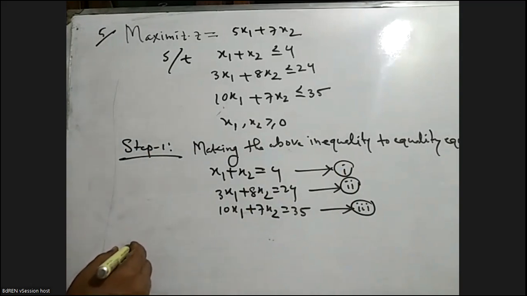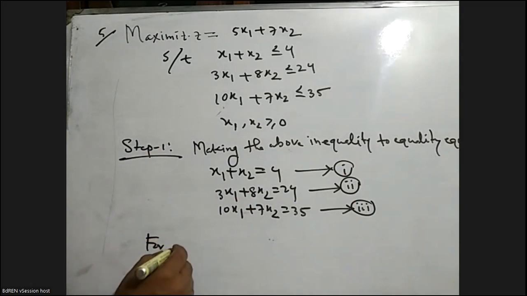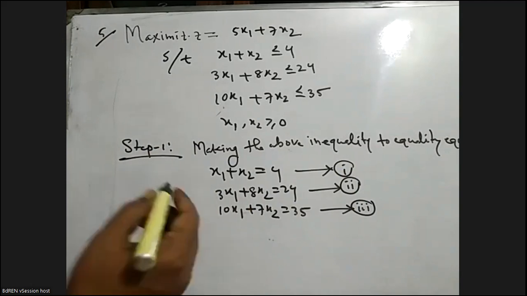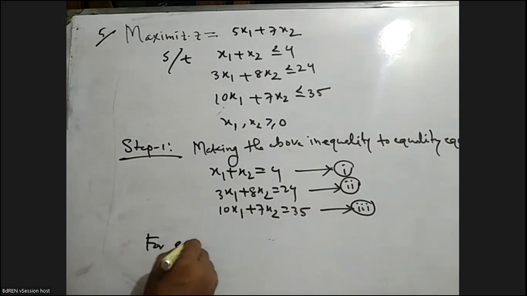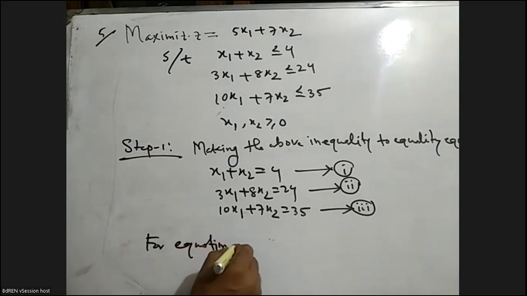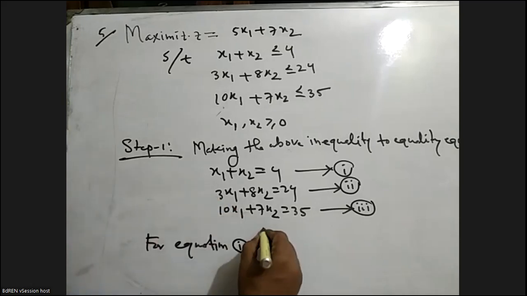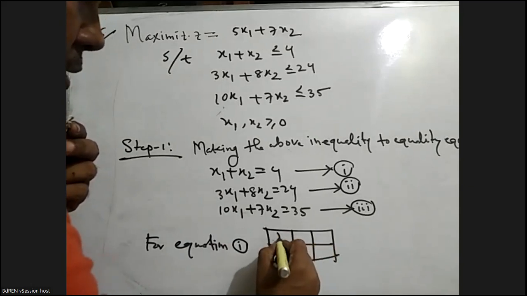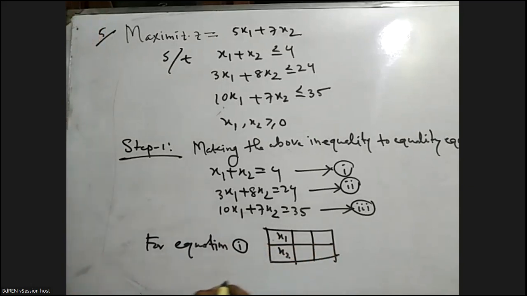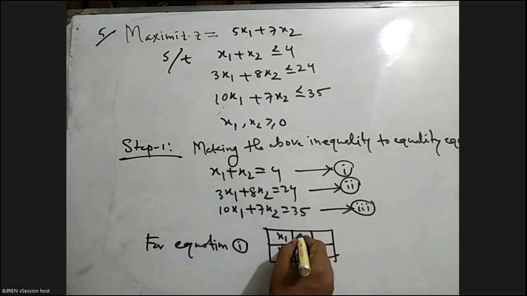Now step 2. For line 1, you can draw a box for equation 1: one column is x1, another is x2. If x2 equals 0 in equation 1, then x1 equals 4. But if x1 equals 0 in equation 1, then x2 equals 4.